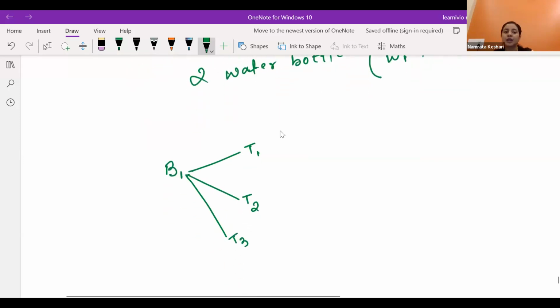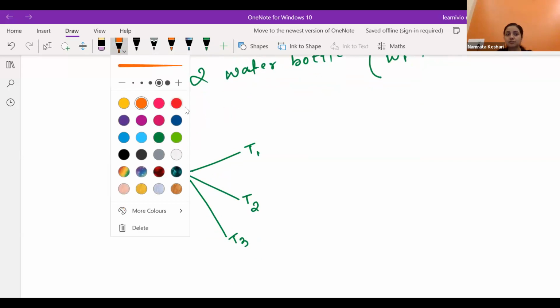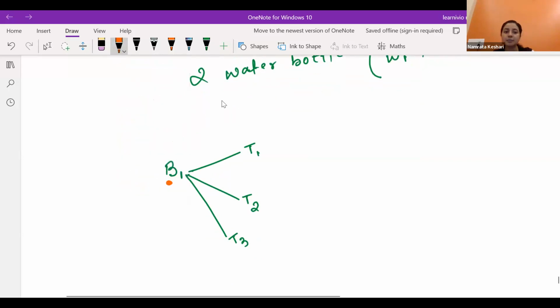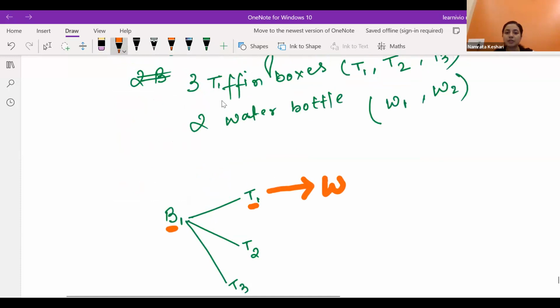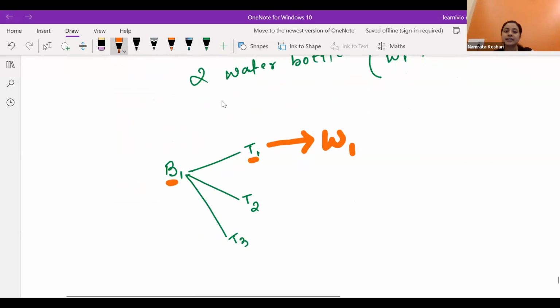After selecting bag 1, now focus over here. Please don't get confused. After selecting bag number 1 and tiffin box number 1, you are going to select the water bottle number 1. Or maybe after selecting bag number 1 and tiffin box number 1, you are going to select the water bottle number 2.